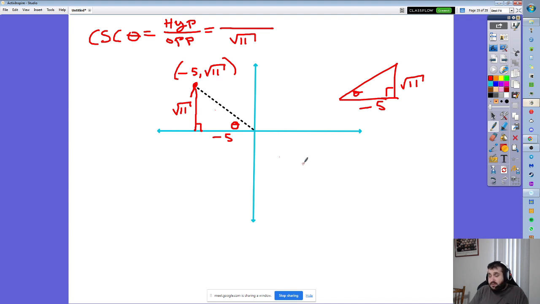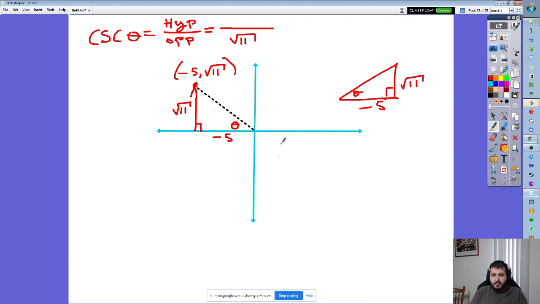So you may need to find the radius, right? If we're doing sine, cosine, secant, or cosecant, those require the hypotenuse, right? Tangent and cotangent, you only need the opposite and adjacent, and that's what they give you anyway. So that's even less work for you, right?